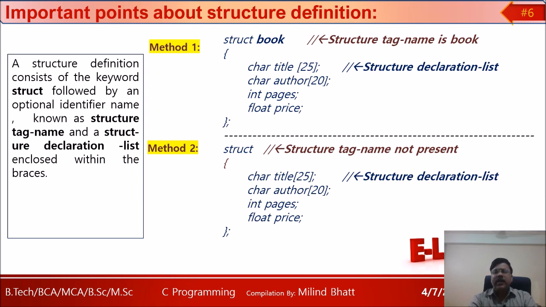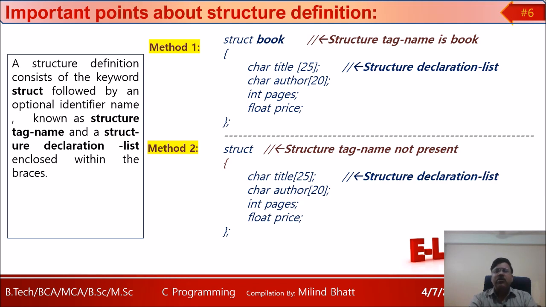First one is character title, title may be of 25 characters. Character author of size 20, integer number of pages, float what is the price of it. All these are called members of my structure. This is the tag name and these are the members.